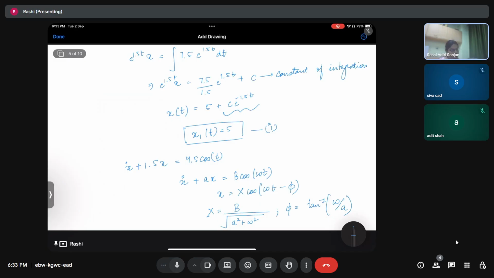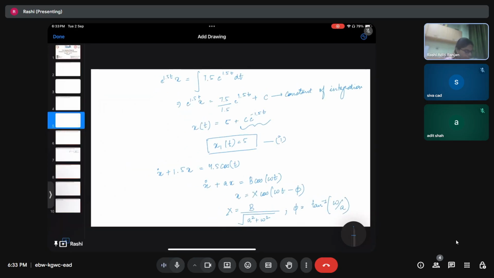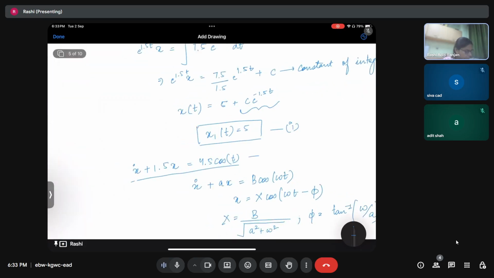Now, using this, we can actually write the solution, right? So for this equation, we have b as 4.5, omega as 1, and a as 1.5.